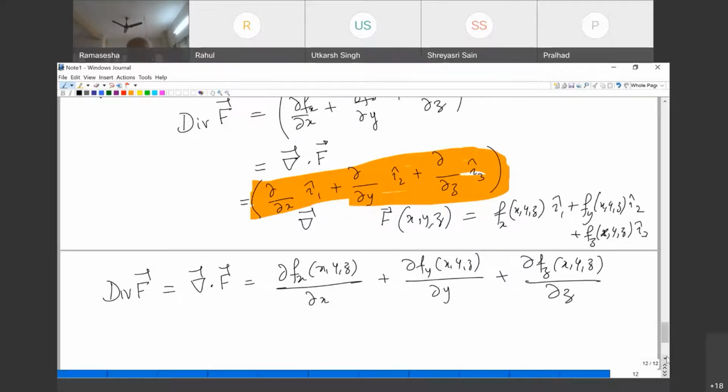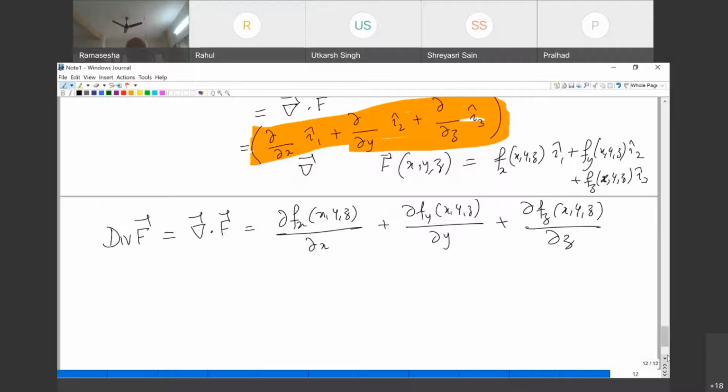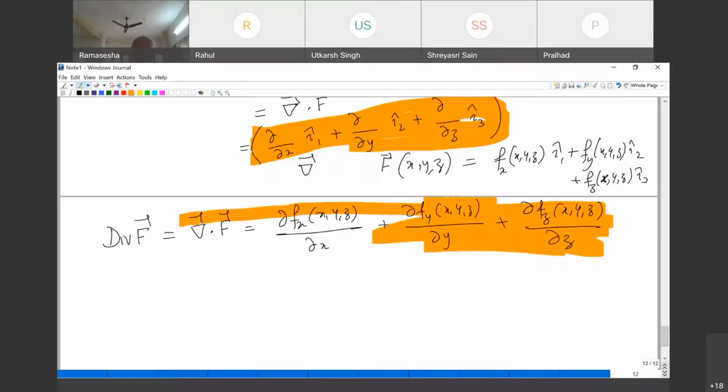Yes, sir. Okay, so this is the definition of divergence of F in Cartesian coordinate systems. Is that clear? Yes, sir. Any questions? Anybody? Any questions?